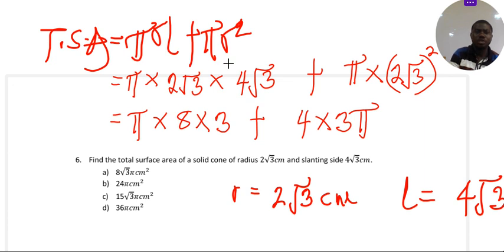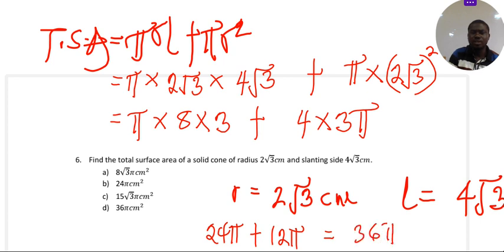So 8 times 3 is 24, so we have 24 pi, plus 4 times 3 is 12, 12 pi. That's 36 pi. Total surface area is 36 pi centimeter squared.